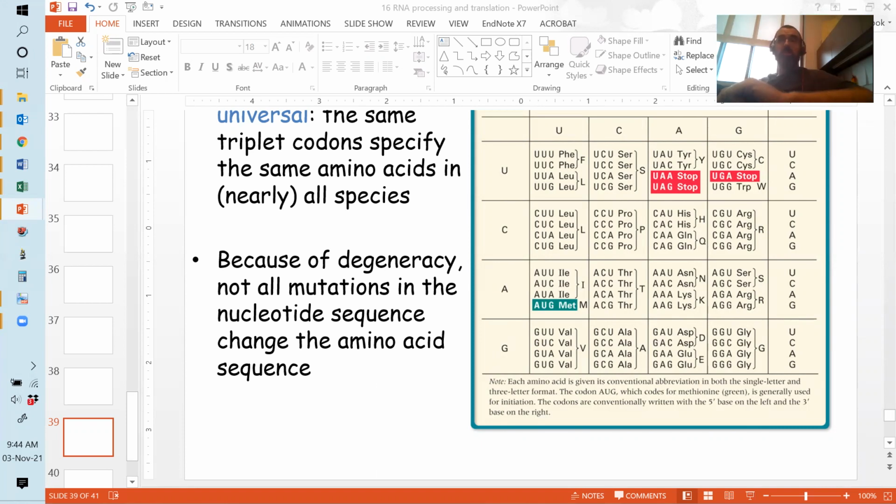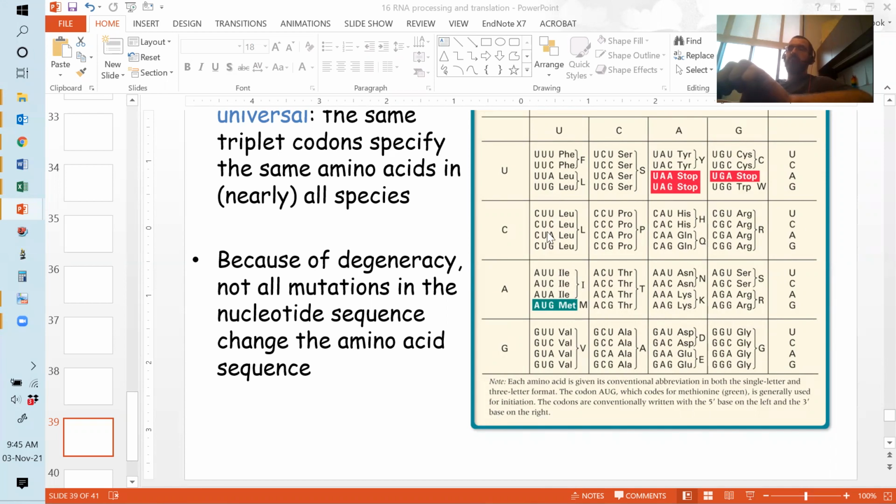So frame shift mutations, as opposed to mutations in the third base of each codon, are almost always loss of function mutations. Base changes in the third base may cause problems. So for example, if you had a UGU codon and that U changed to an A, well, now you have a new stop codon, which is bad.